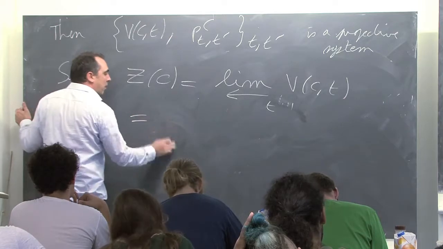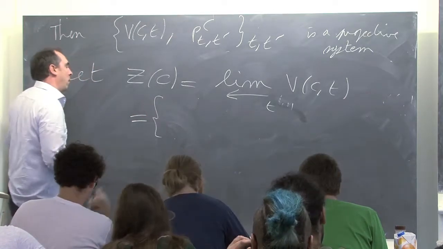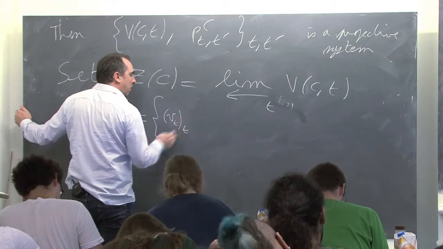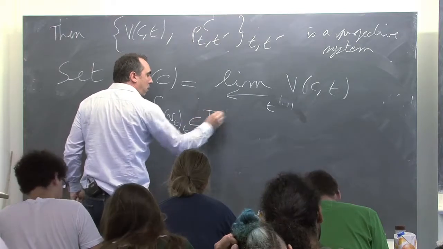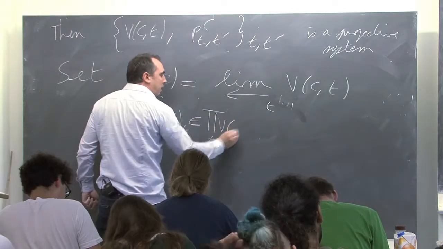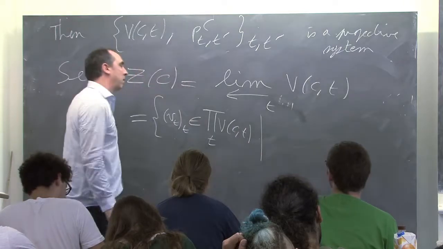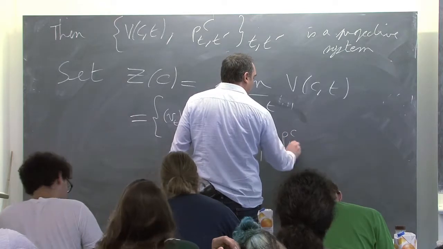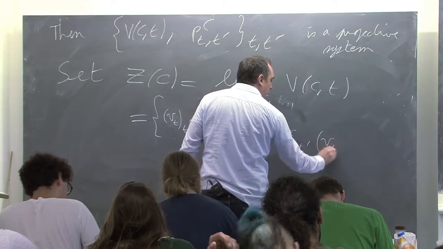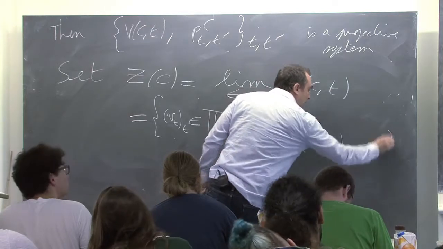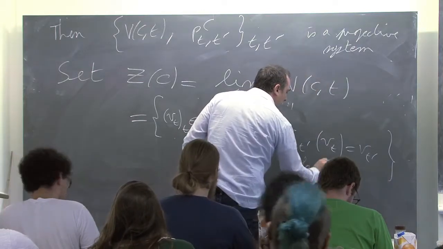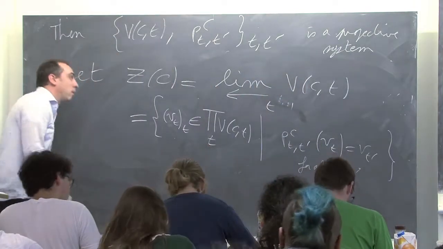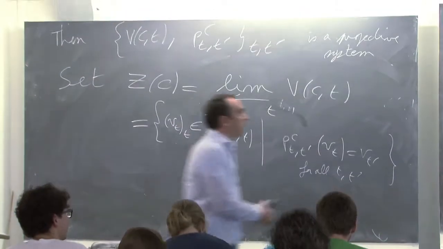This means that you consider the space of sequences (V_T) belonging to the product along the triangulations of V_{C,T}, such that P_{C,T,T'}(V_T) = V_{T'} for all T, T prime. So this is a vector space, and this will be our vector space.